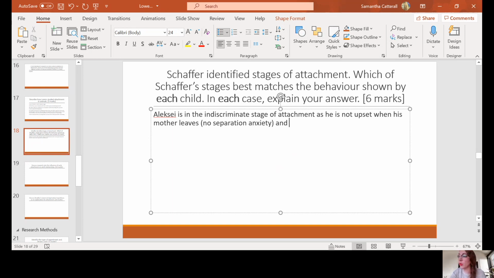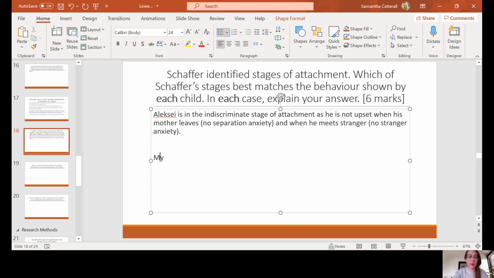And when he meets strangers. My R doesn't work, which is why that's not there. So that'll get you 2 marks.